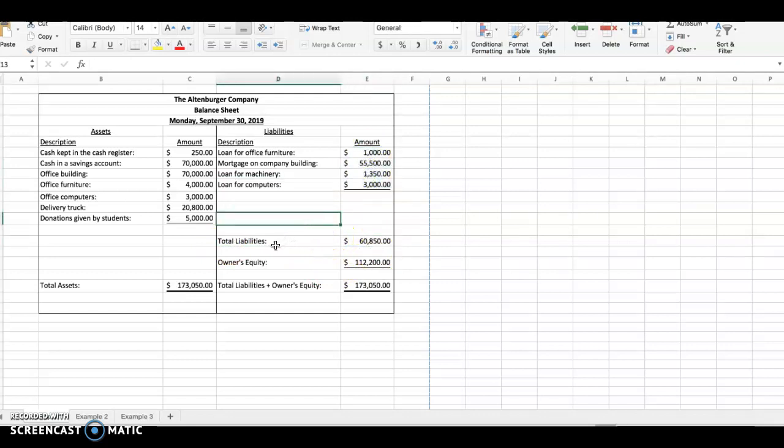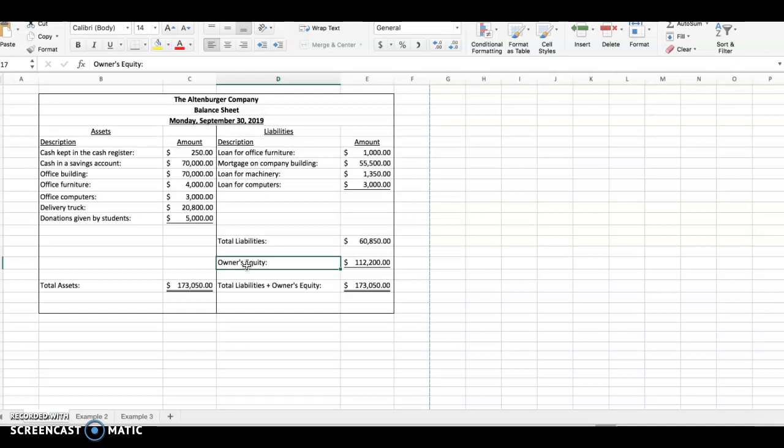Now, owner's equity on the right side also. This is the value of the business. We will assume that this is a one-person owner, so he or she owns the business, and this is the equity of the business. This is the value to the owner. In a large corporation, the owners may be the stockholders. We'll talk more about that much later, particularly in the second semester in accounting too.